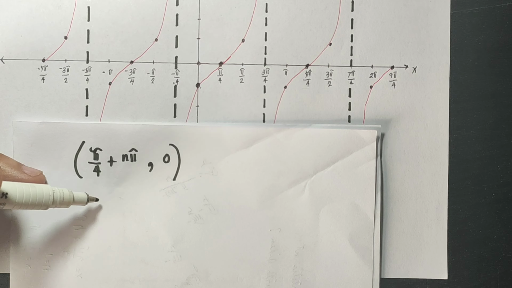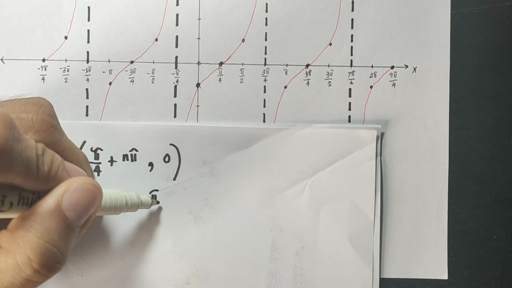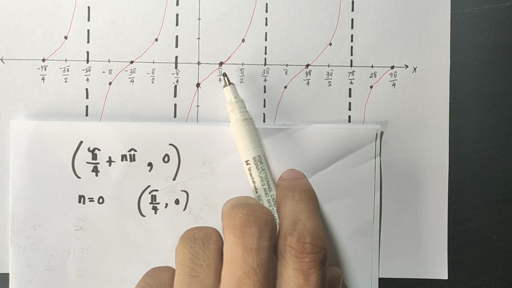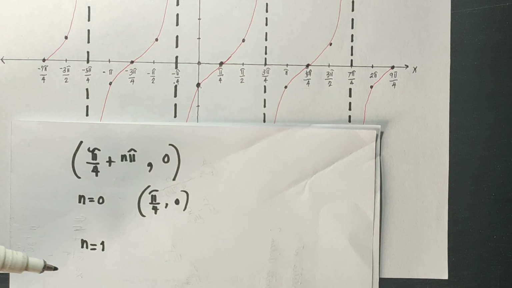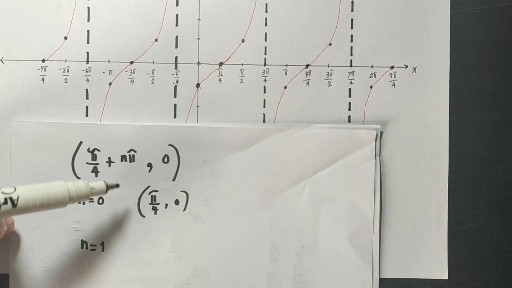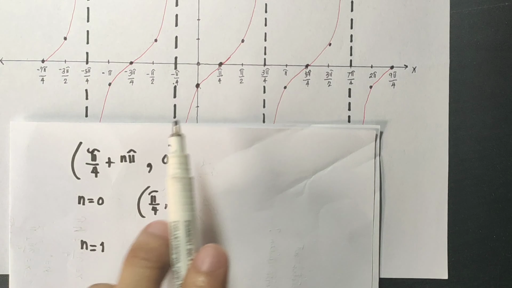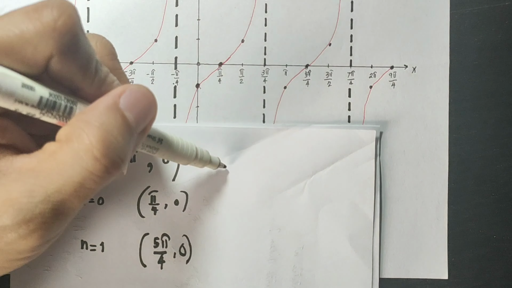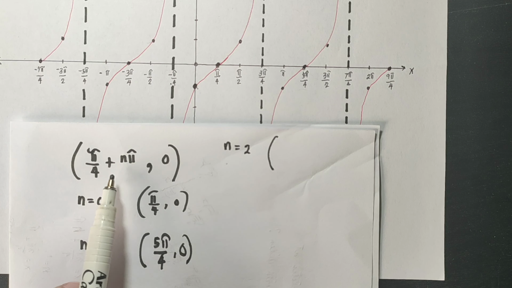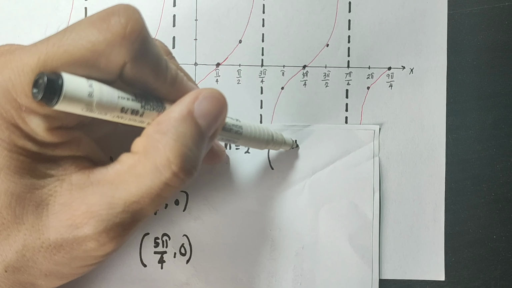When n is 0, we have pi over 4 plus 0, so we have (pi over 4, 0). This is correct because you can see that this is one of the intersections of the function with the x-axis. When n is 1, it's pi over 4 plus 1 pi, or simply (5 pi over 4, 0). You can see it there. When n is 2, that will be pi over 4 plus 2 pi, which is (9 pi over 4, 0).